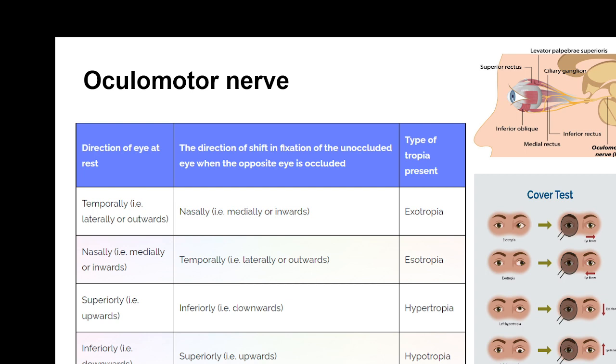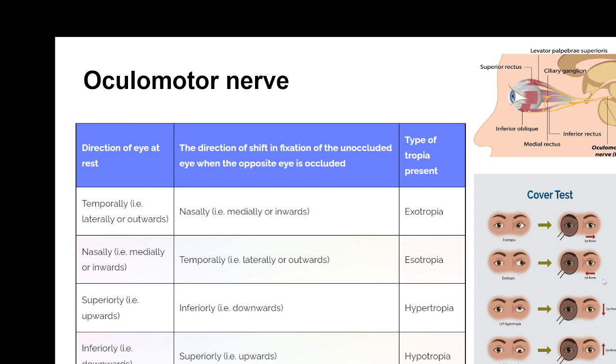It's only that when the normal eyeball moves laterally, if the affected eyeball moves medially, then it's called exotropia. When a person is asked to look towards the nose, if the eyeball moves towards the temporal side, laterally, that's called esotropia.